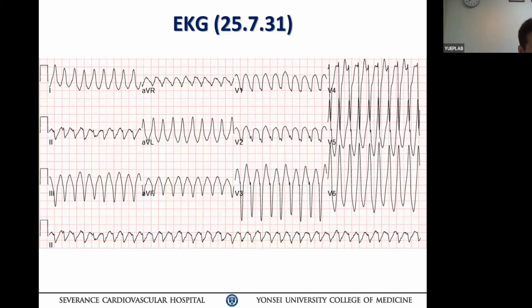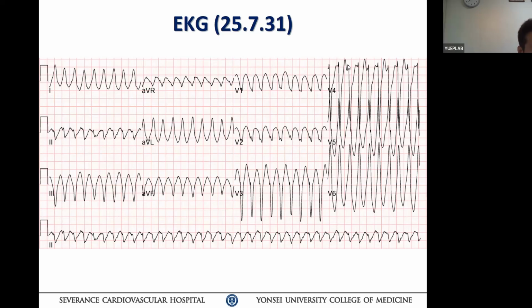V4 to V5 overlies the anterolateral area, probably close to the apex, looking at where we position the ECG lead. So that was why I suggested anterolateral, but given the location on the surface, maybe it would actually be a bit apical.